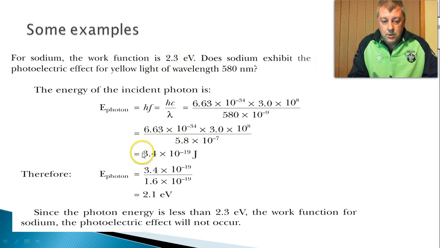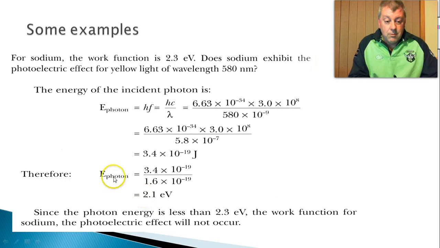We may as well convert this to eV, electron volts, by dividing it by 1.6 times 10 to the minus 19. That's the charge of an electron, probably the easiest way to say it.